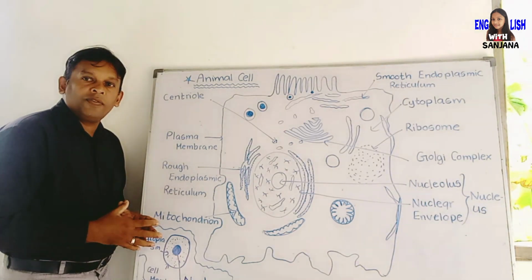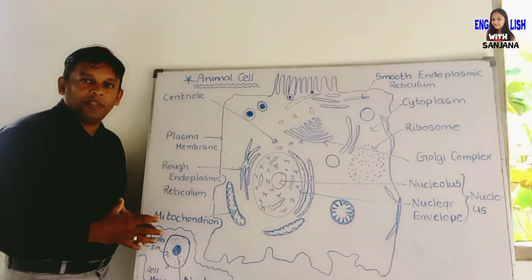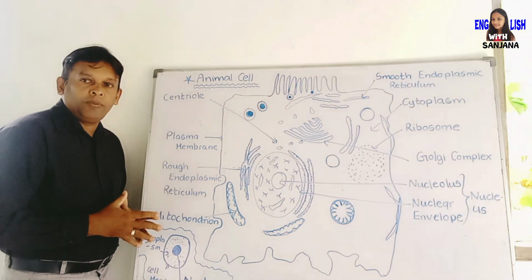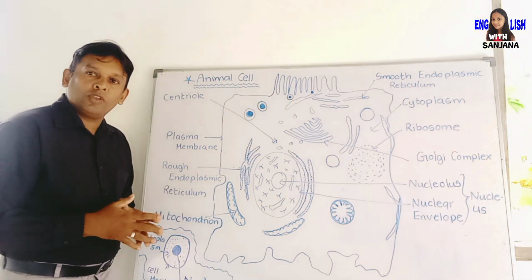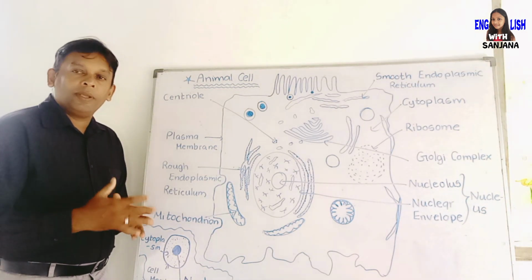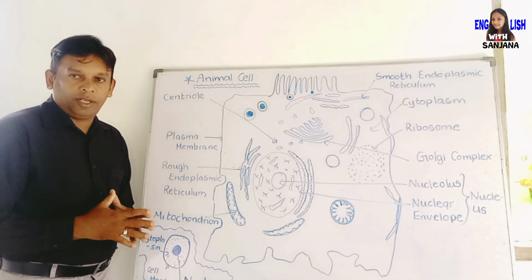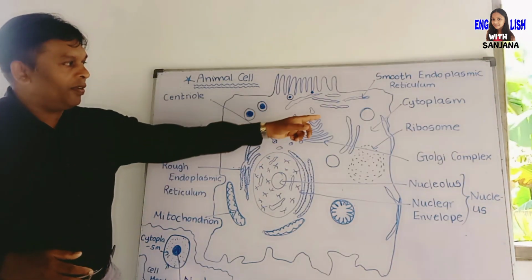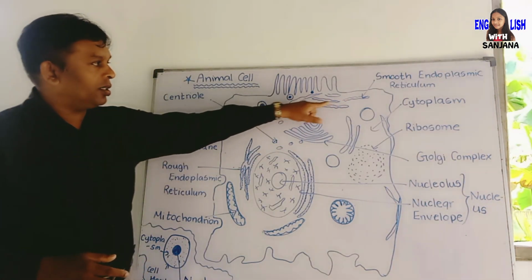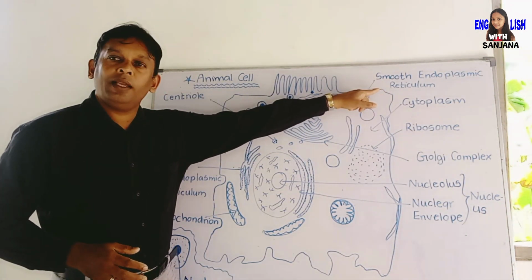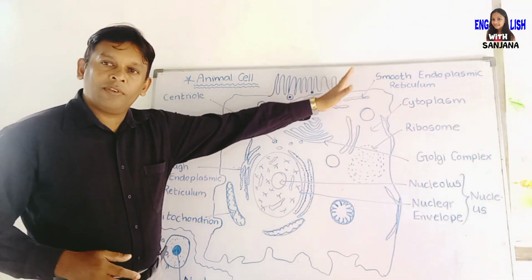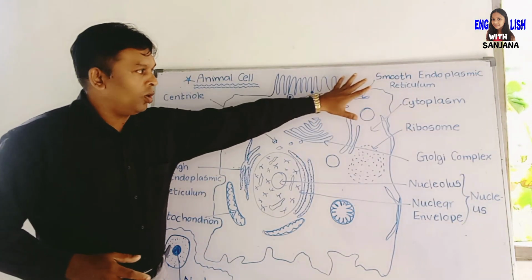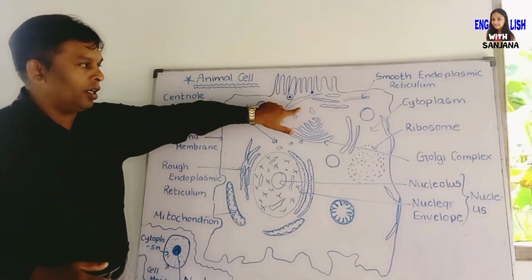It gives a sense of a rough structure. Therefore, it is called rough endoplasmic reticulum. The main function of the ribosome is to help in the synthesis of protein. Now, at the same time, we will have a look at these structures. This is the smooth endoplasmic reticulum because there are no ribosomes attached. It has a different function, and this is called smooth endoplasmic reticulum.